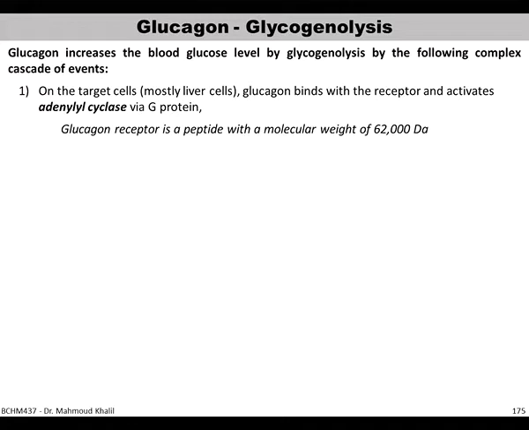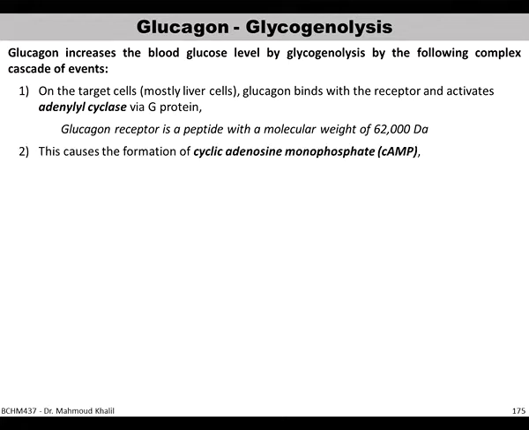Glucagon increases the blood glucose level by glycogenolysis through the following complex cascade of events. On the target cells, mostly liver cells, glucagon binds with the receptor and activates adenyl cyclase via the famous G protein. The glucagon receptor is a peptide with a molecular weight around 62 kD.